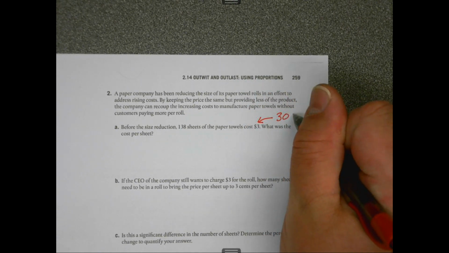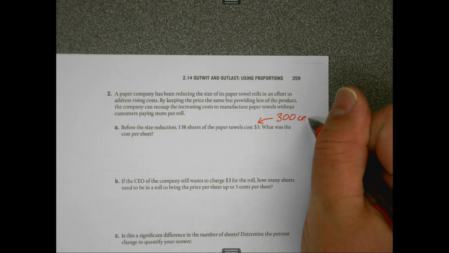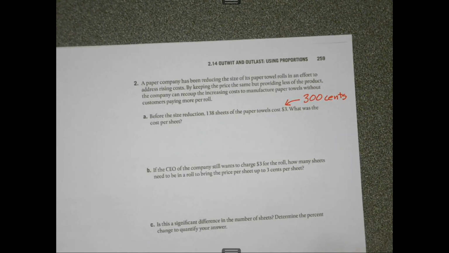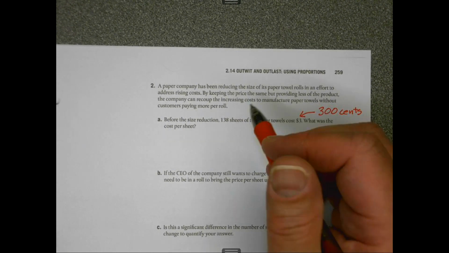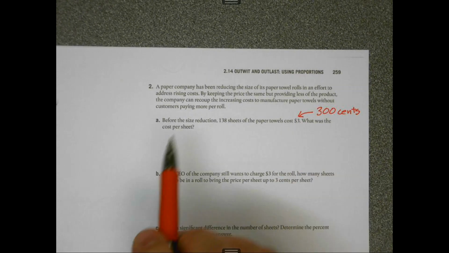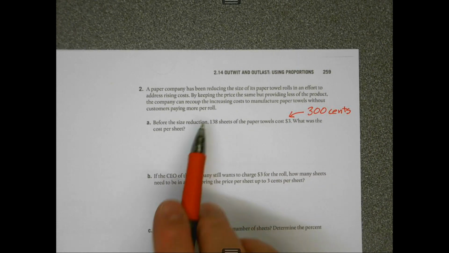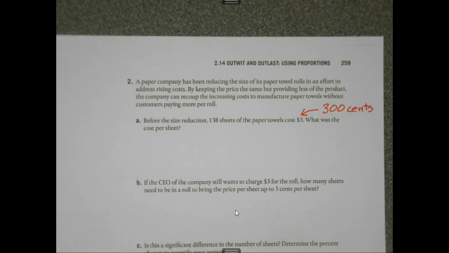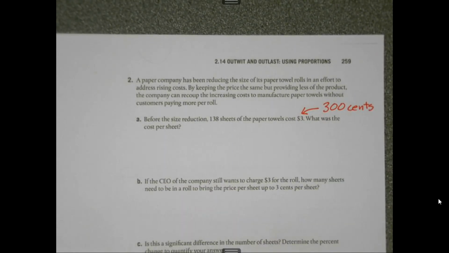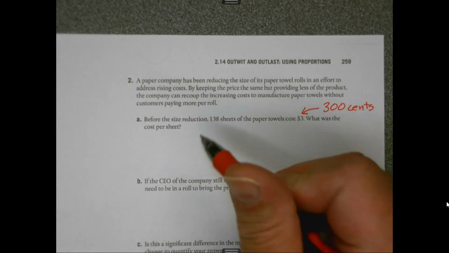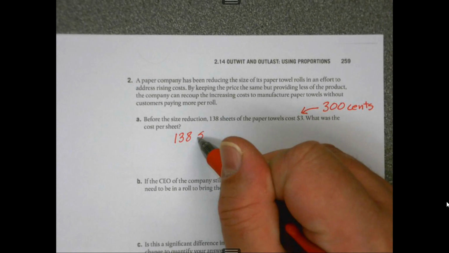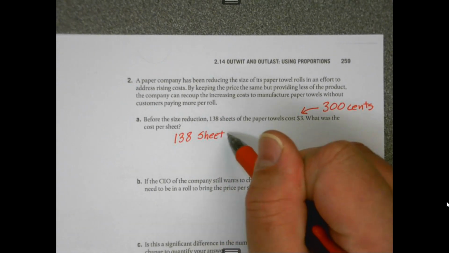So it says before the size reduction, I'm going to blow this up a little bit more. 138 sheets of paper towels cost 300 cents. So 138 sheets of paper towels per 300 cents.